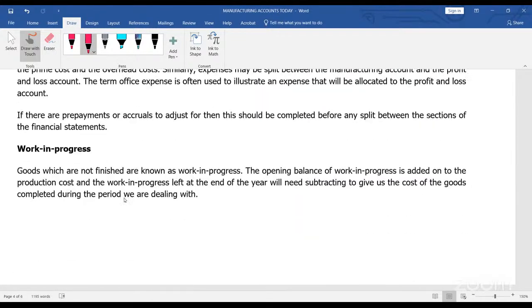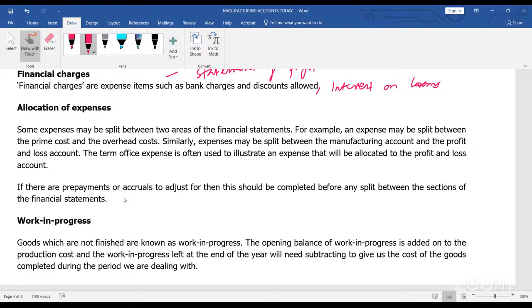Now, there's something we need to look at, that is allocation of expenses. Sometimes you find that expenses have to be allocated. So some expenses may be split between two different areas of the financial statements. For example, you may find that an expense may be split between prime cost and the overhead costs.